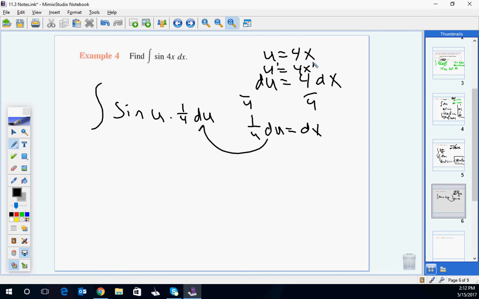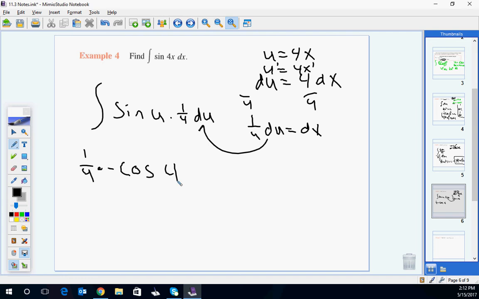So we're now here. Again, I could pull the 1/4 out in front, just not deal with it for right now. We're doing the antiderivative of sine. The antiderivative of sine is negative cosine. And then du's gone.